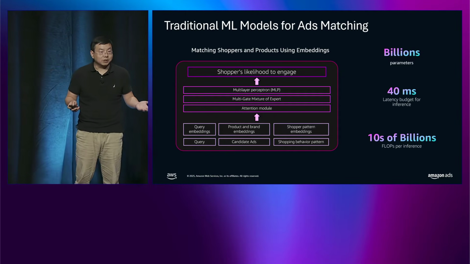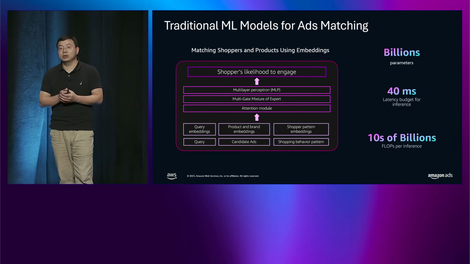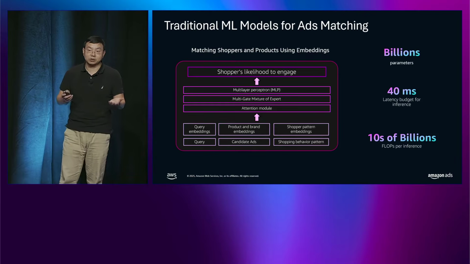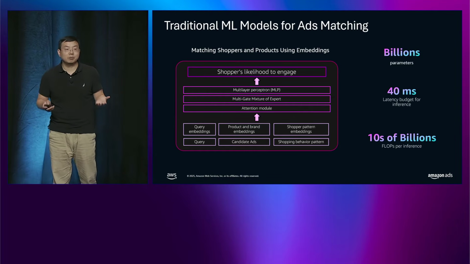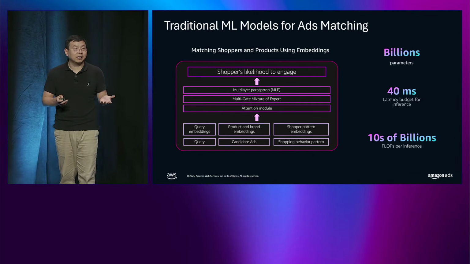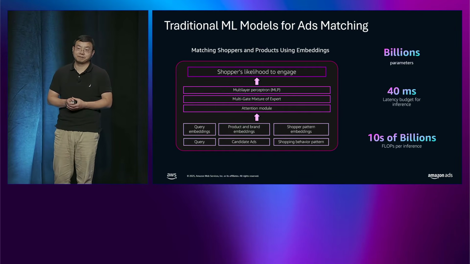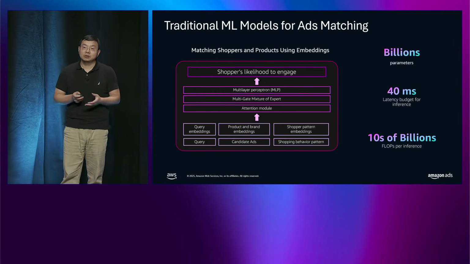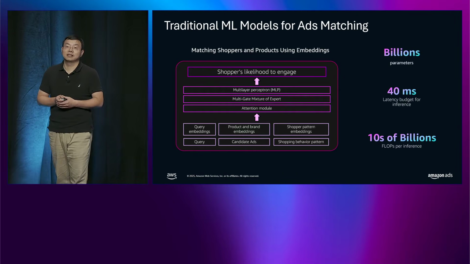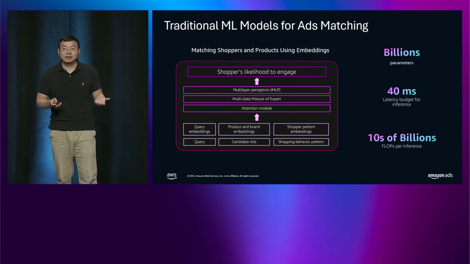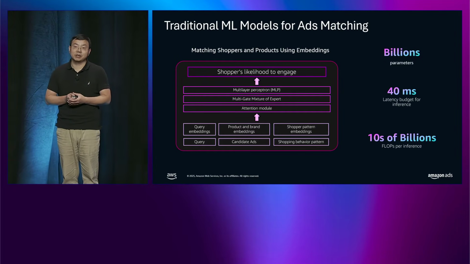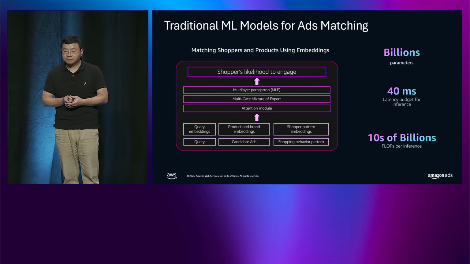With all of these inputs, the signals flow into a neural network architecture, which oftentimes includes attention mechanisms or mixture of experts designs, and eventually produces a probability score, which can tell how likely a shopper is going to click or purchase a particular product item. Without going into the technical details, this model oftentimes has billions of parameters, and during inferencing, we need to perform tens of billions of operations within a tight latency budget of 40 milliseconds.